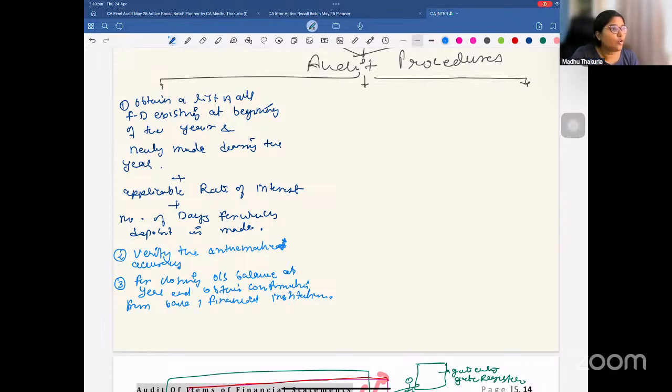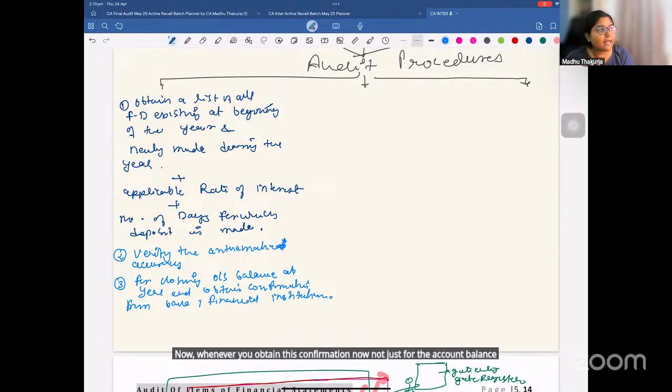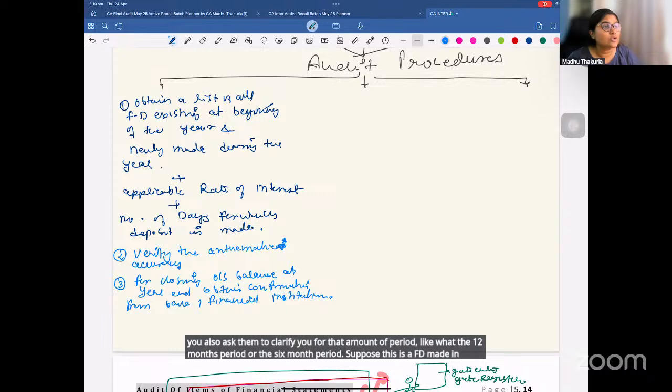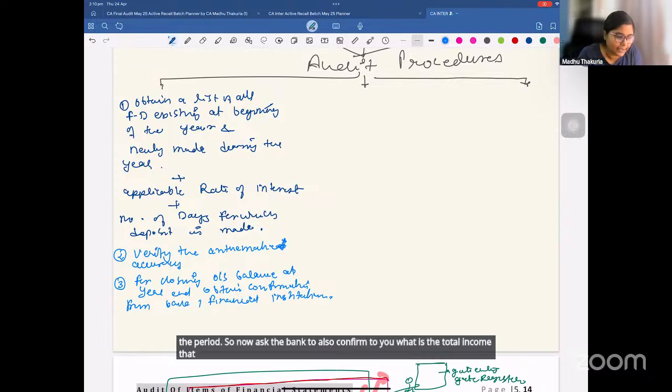Now, whenever you obtain this confirmation, not just for the account balance, you also ask them to clarify the period, like the 12 months period or the 6-month period. Suppose this is an FD made during the period. Ask the bank to also confirm the total income that is accrued to that entity, not paid, accrued, because in case of FD, interest doesn't get paid by the bank every month.